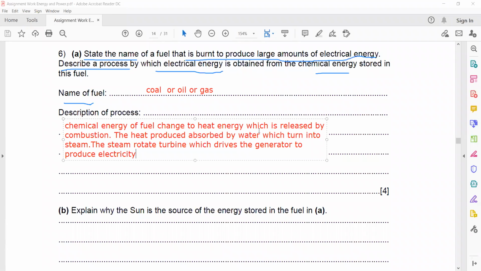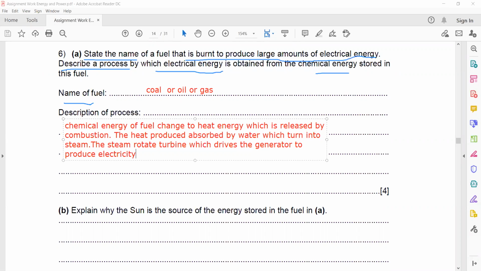Explain why the sun is a source of energy stored in fuel. Why is the sun the source of energy for coal, oil, and gas? Basically, it is related to the formation of coal, oil, or gas.